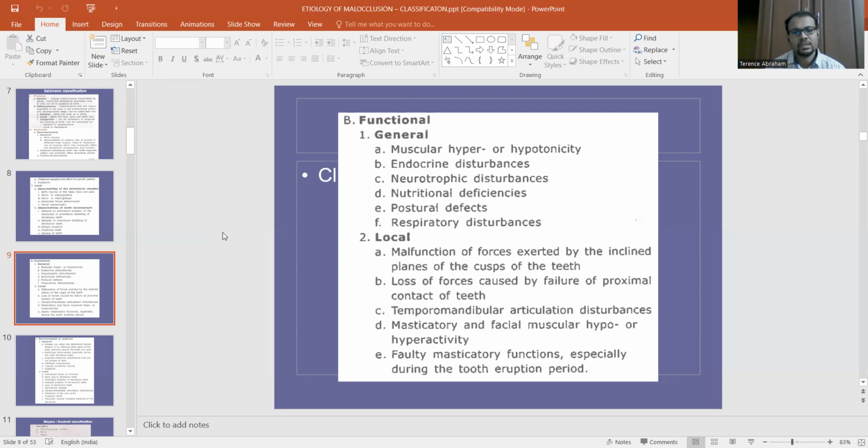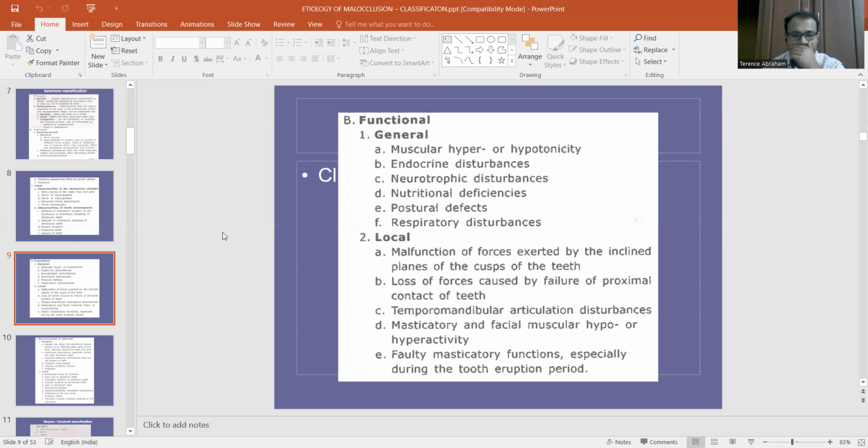Nutritional deficiency, and abnormal postural defect, abnormal posture of the patient, abnormal posture of the head or neck because of certain muscle activity, which can lead to malocclusions. Neurotrophic disturbance means neural abnormalities, for example, if there are any neural disturbances or neural diseases which can affect the muscles, which in turn cause malocclusions.